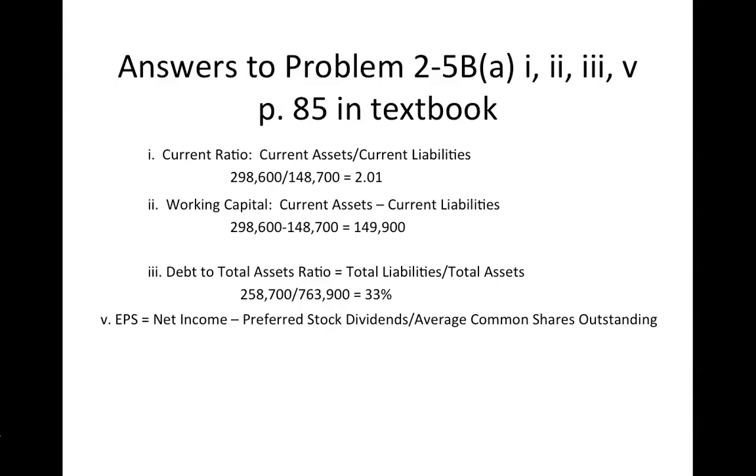And Roman numeral number 5, they want you to calculate the earnings per share, which is net income minus preferred stock dividends, divided by the average common shares outstanding. You'll notice they did not have any preferred stock dividends. Here's your answer for Roman numeral 5, which is $1.53.